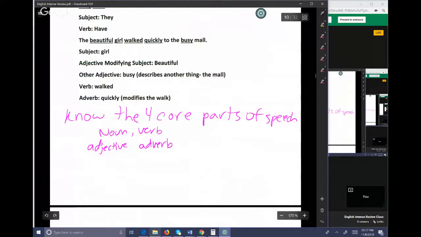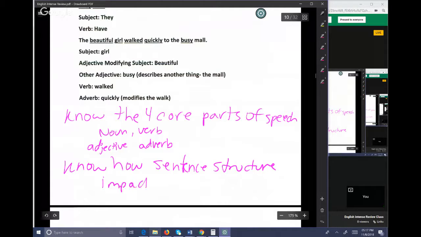More importantly, you need to know how sentence structure impacts parts of speech. Just like we've said all night, we have situations where there are conjunctions and situations where there aren't.